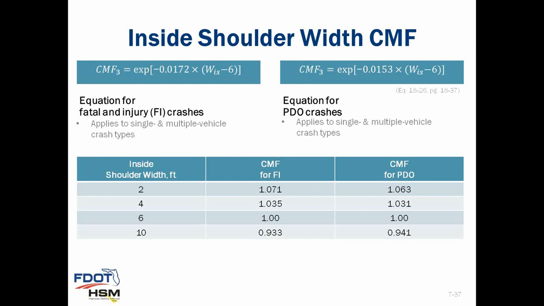The variable W subscript IS is the paved inside shoulder width. The base condition inside shoulder width is 6 feet. The relationship between the CMF value and inside shoulder width is shown in the table near the middle of the slide. The values shown indicate that the CMF value increases as the shoulder width is reduced.